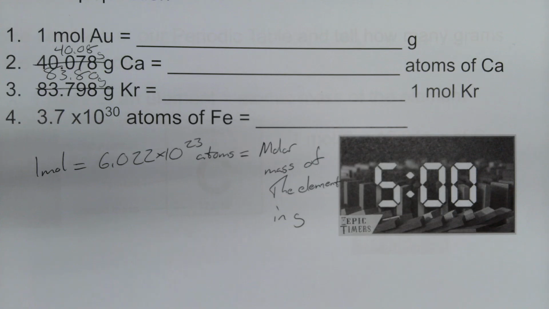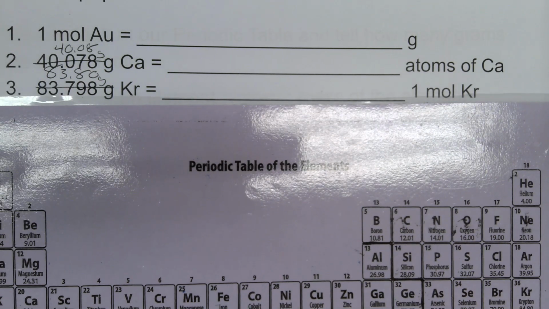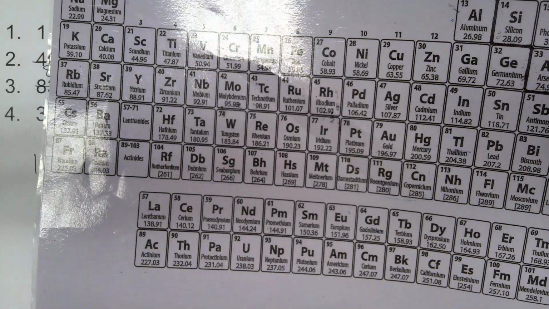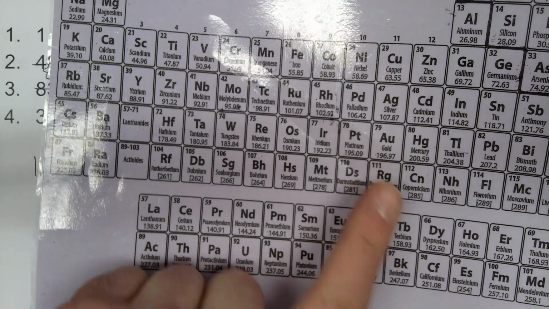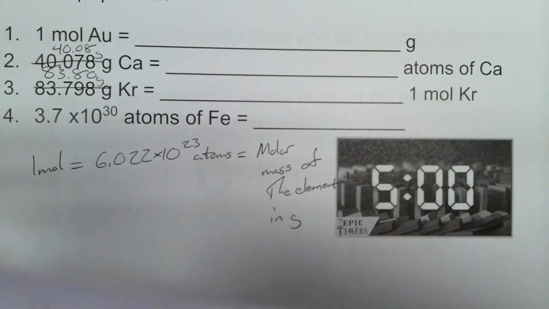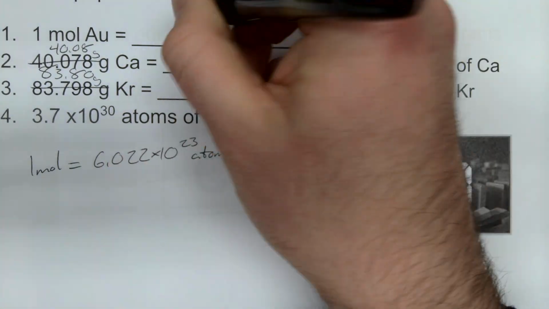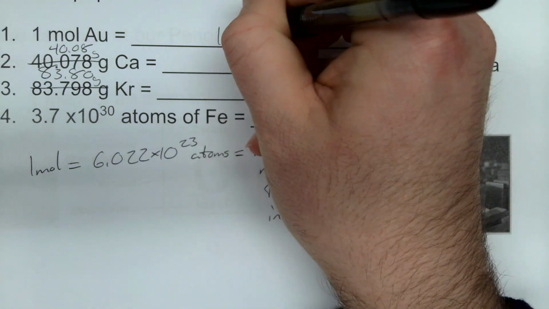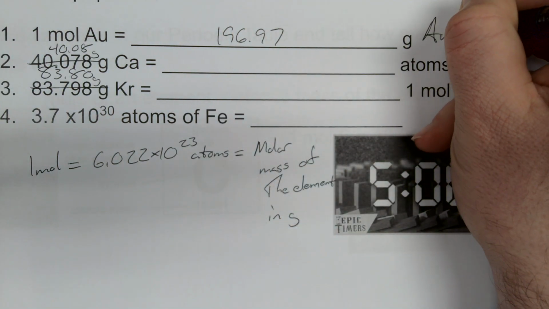So if I was looking at 1 mole of gold and trying to figure out what 1 mole of gold weighs, I pull up my periodic table and see that gold has a molar mass of 196.97. That means that 1 mole of gold would weigh out 196.97 grams of gold.